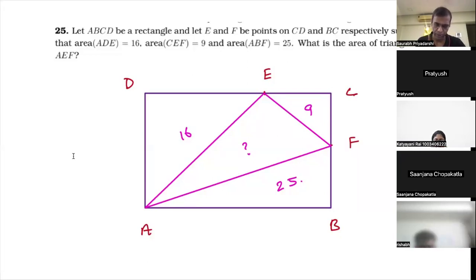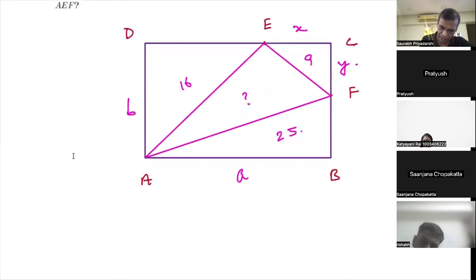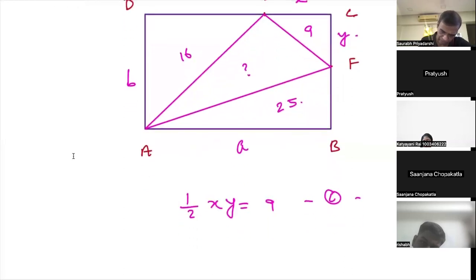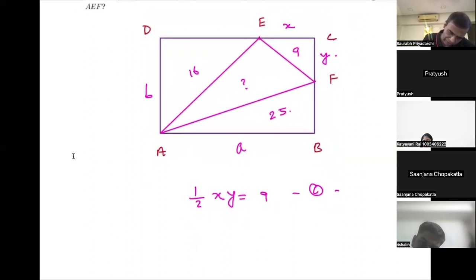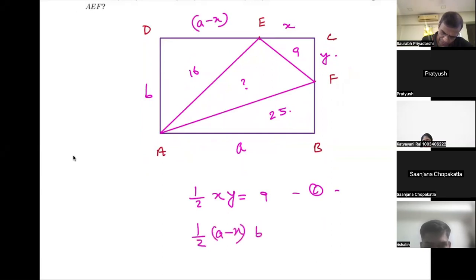So one of the methods we can use: if this is A and this is B, then obviously this is X and this is Y. The calculation part is: half xy is equal to 9 is the first one. Second is half into (A minus X) into B is equal to 16.